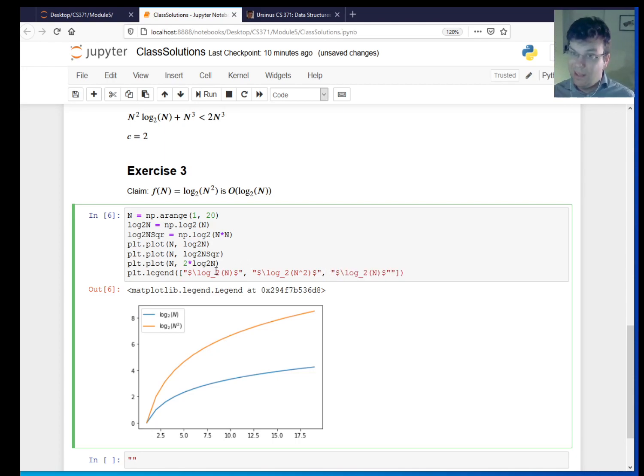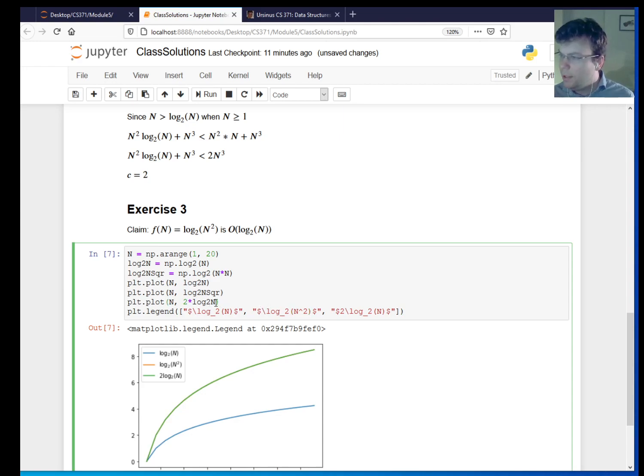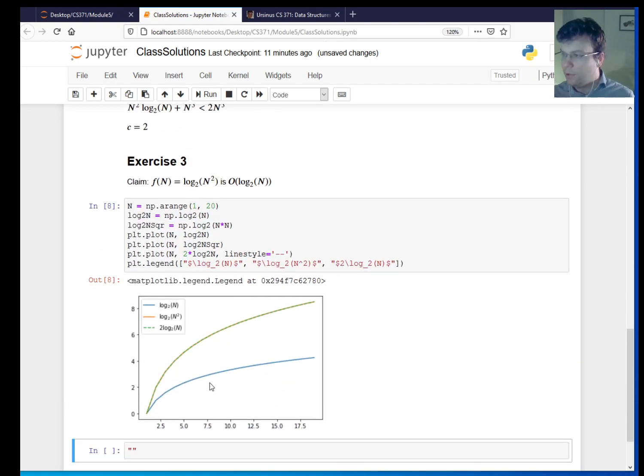Raising something on the inside of a log to a power acts as a multiplicative factor on the outside of the log. Actually, this curve went over the other one, so let me use line style dash dash. Okay, now I can see that 2 times log base 2 of n is on top of log base 2 of n squared.